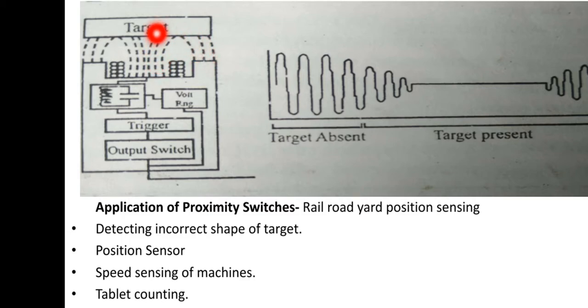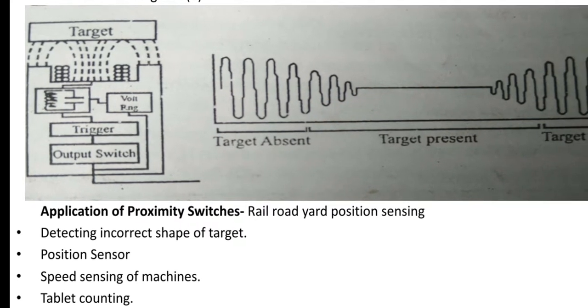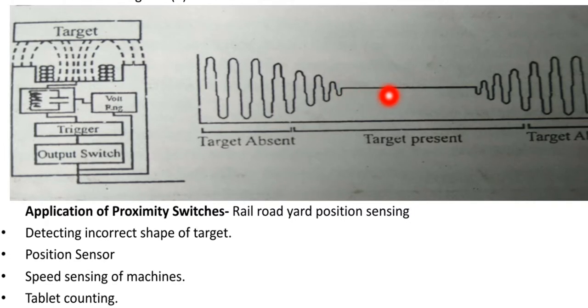When the distance between the target and the sensor is less, that means when we move this towards the target, at that time these electromagnetic lines are broken, and at that time the graph is a straight line. So when we see the graph as a straight line, that means the object is closer, okay, to the sensor.